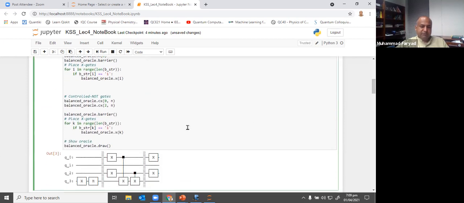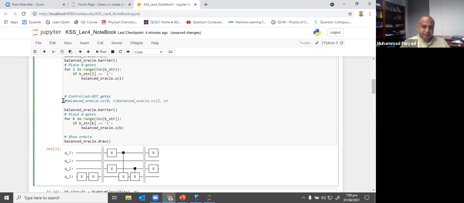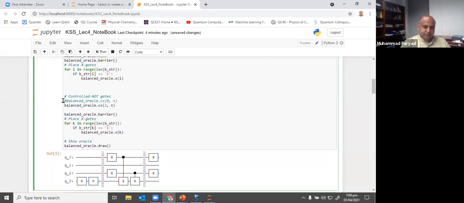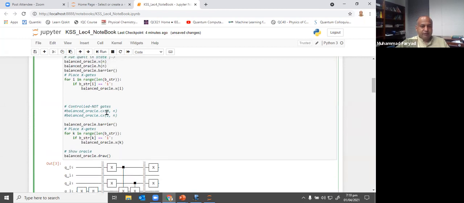That will be even simpler. So let's not apply the X gates in the beginning.